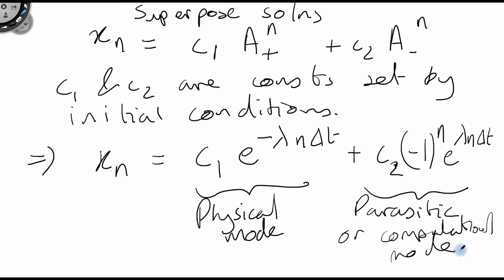And alarm bells go out because this has got a minus 1 to the n, so it's already oscillating each step. And then even more alarm bells out that it grows. So it grows. But the true solution doesn't grow. So this is going to always be present there, and we have to deal with that.